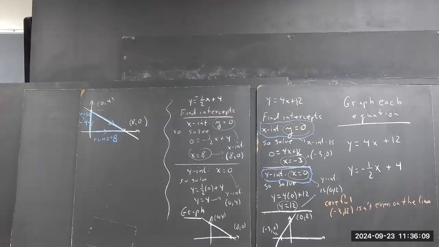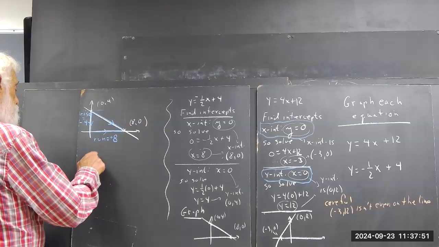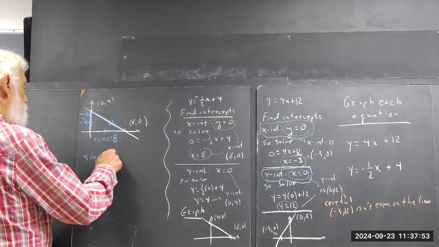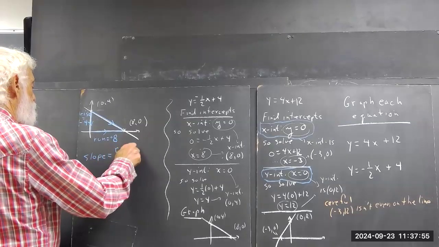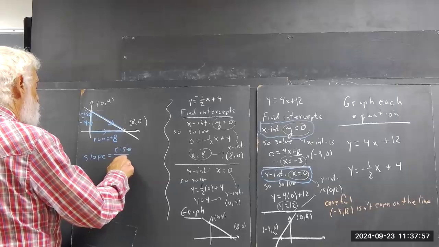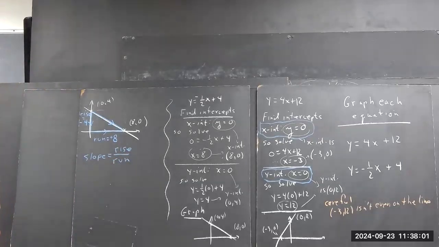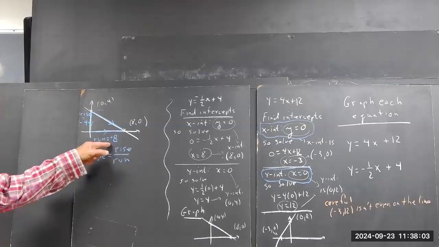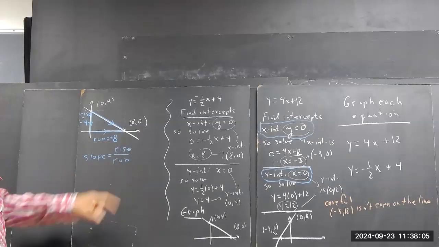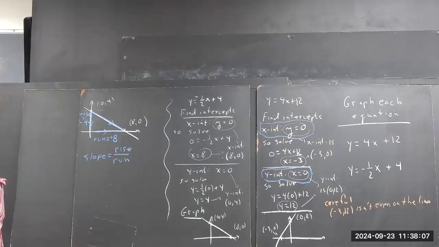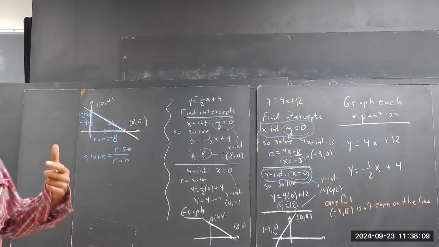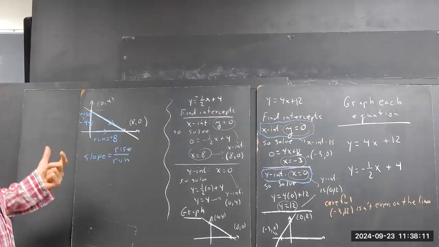Does anybody know the definition of slope? It's the rise divided by the run. Now you can calculate this y2 minus y1 over x2 minus x1. It's a perfectly good formula, but we're not interested in just calculating it. We want to understand it.